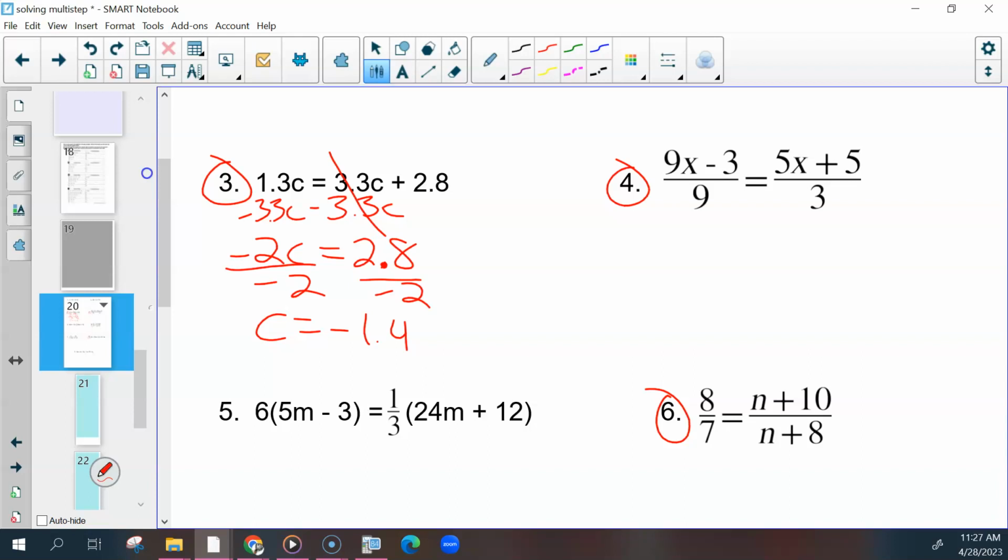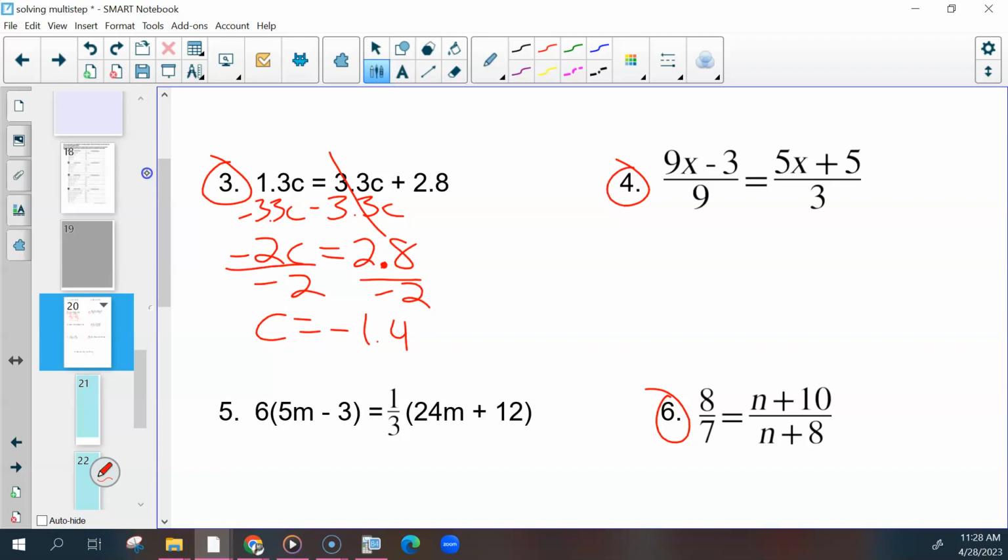With number 4, we have a fraction equals another fraction. What is the first step? Something specific we have to do in order to get it out of that format. You will distribute, but not first.